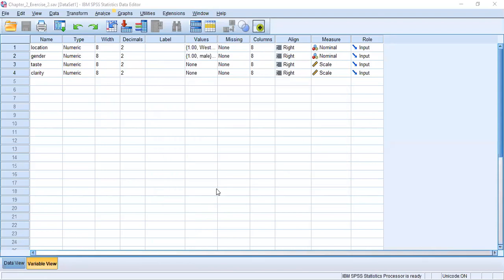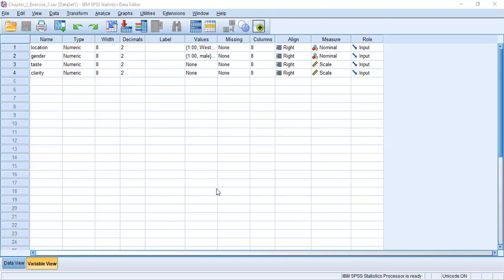This is what we have got. If you look at the things, the case processing summary has been done. For West Coast, the taste is 6.9 something, clarity is 7.8 something, and the standard deviations are 1.28 and 1.03 respectively. If you look at the Midwest, the taste is 7.8 something.